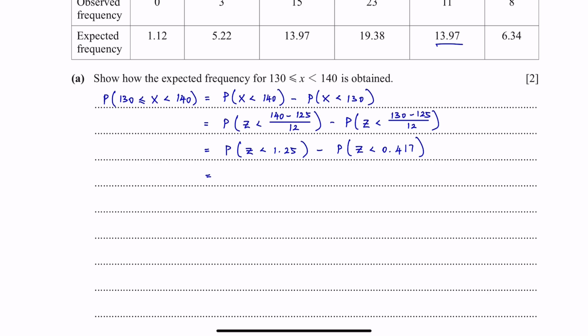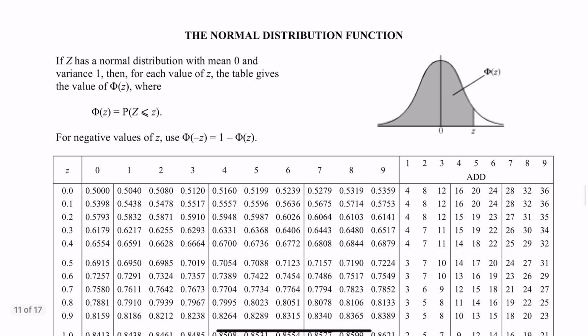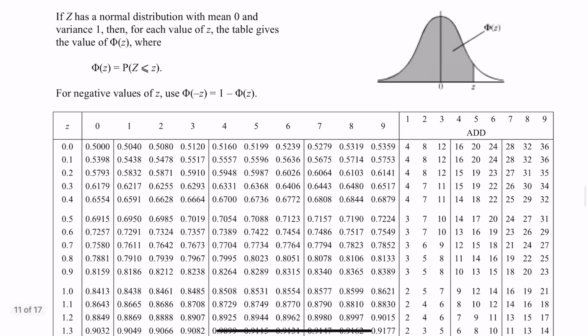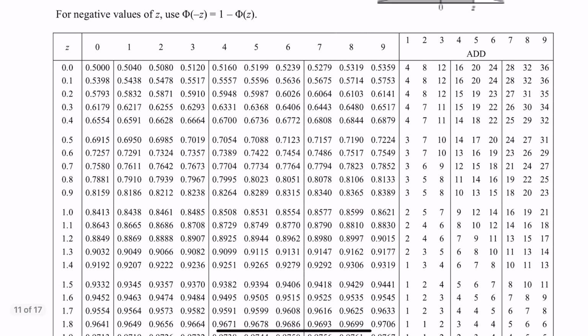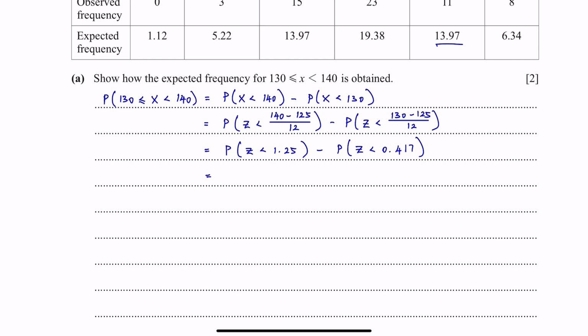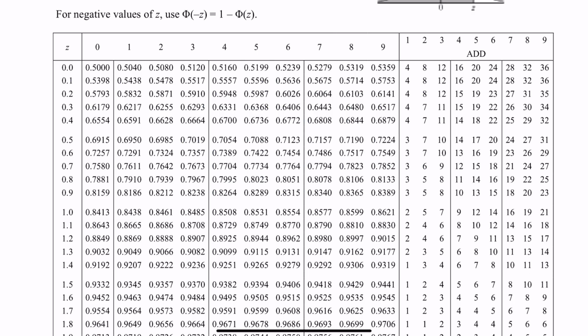So now we would look at the formula booklet. We go to this normal distribution function table, and we find Z equals 1.25. So we go all the way here. So this probability would be 0.8944. So we first write 0.8944 minus, so now we have to find 0.417.